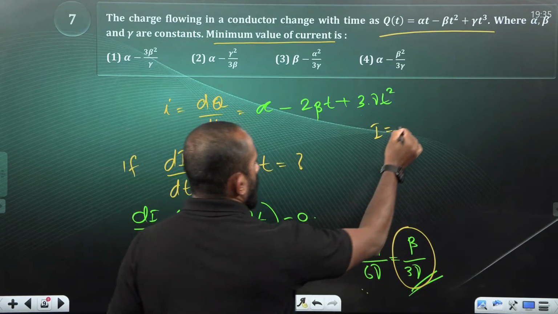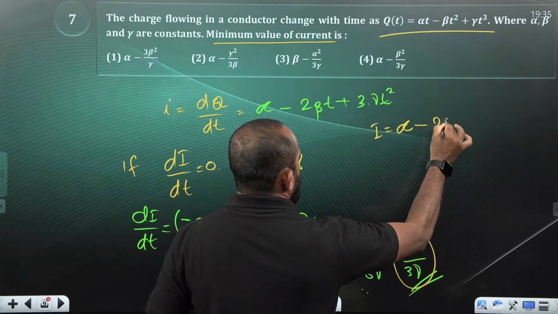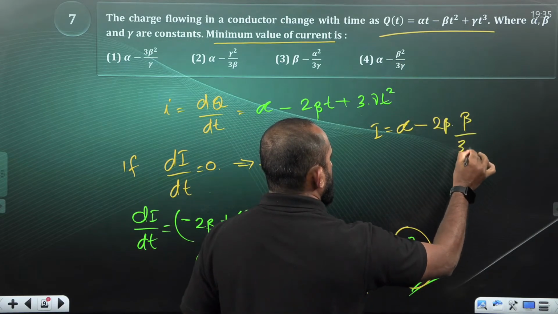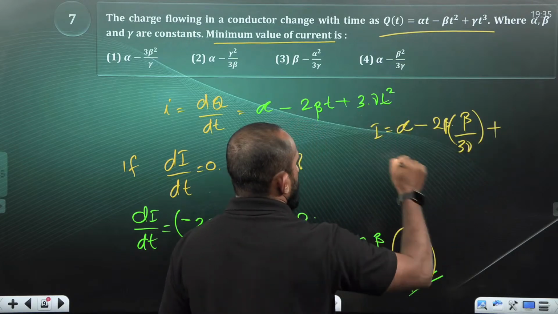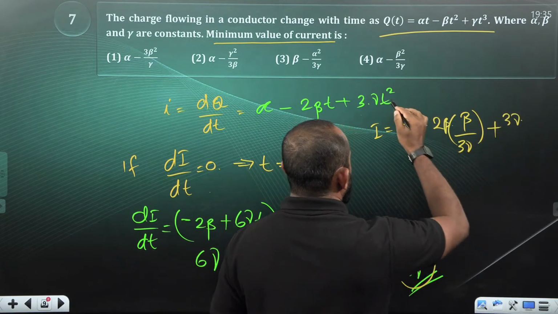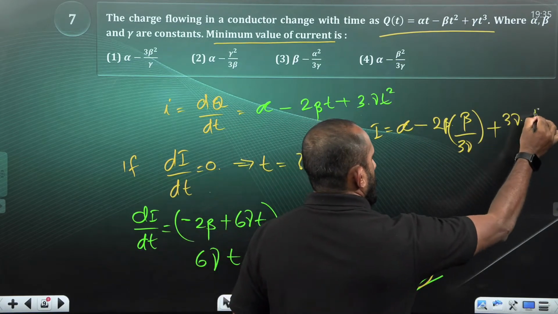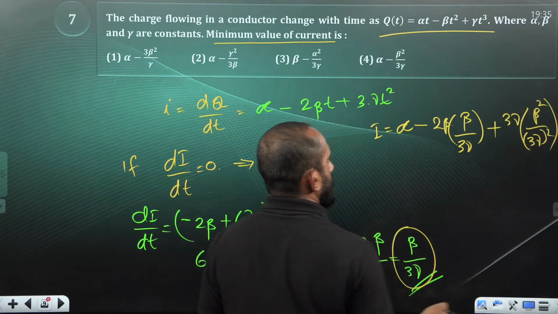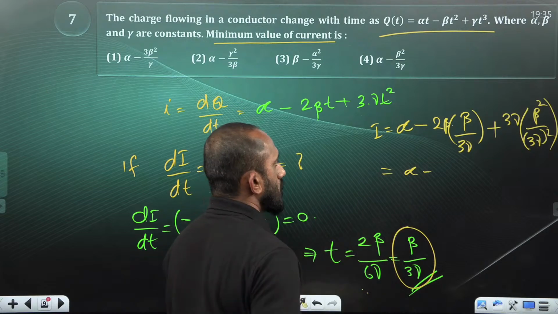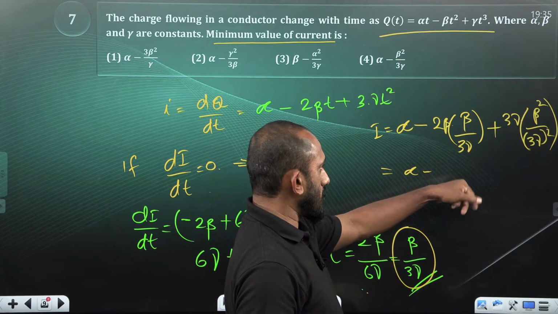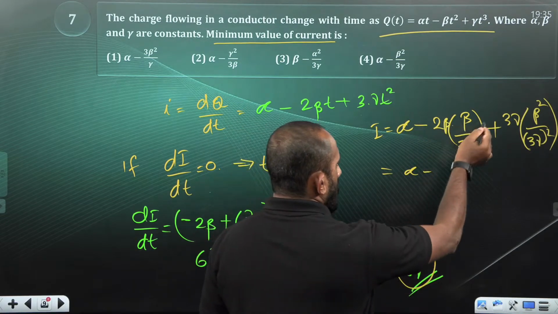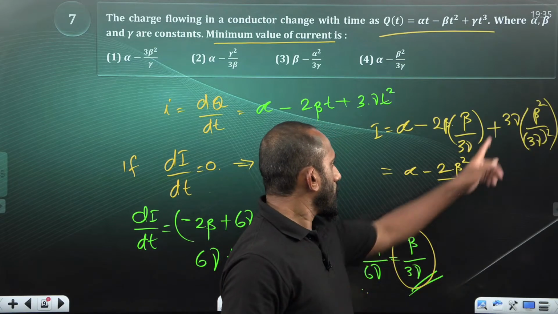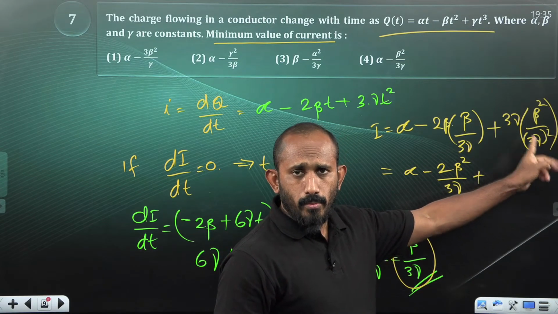So it will be alpha minus 2 beta into t, and t is how much? Beta by 3 gamma. Plus 3 gamma into t square, so square it, beta square by 9 gamma square. If you do it, it will be alpha minus 2 beta into beta by 3 gamma, so 2 beta square by 3 gamma, plus 3 gamma, and 9 gamma square is in the denominator, you can cancel it.